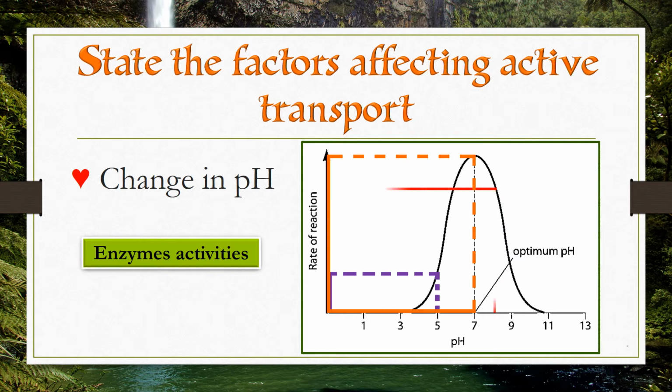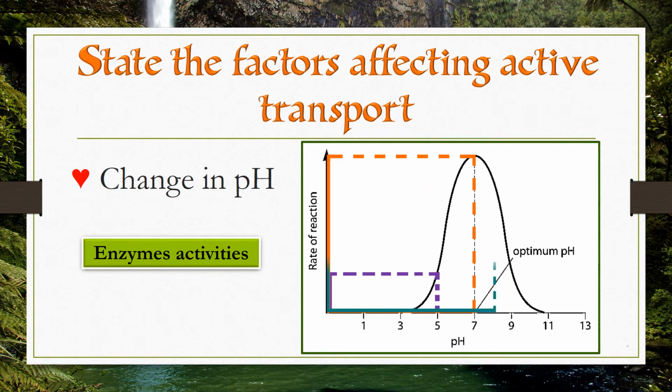You are changing the conformation, or you are distorting the structure of the enzyme. And as you distort the structure of the enzyme, it means that the active site is going to be distorted. Therefore, the enzyme will not be able to fit in the substrate, and its activity will be affected.